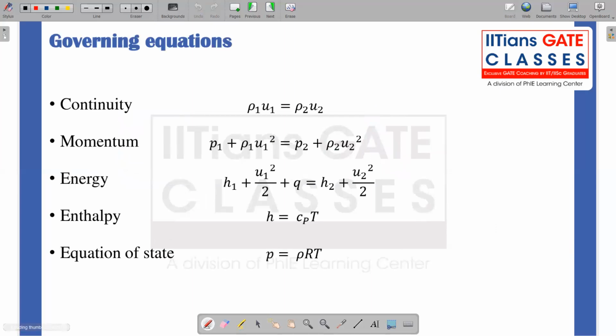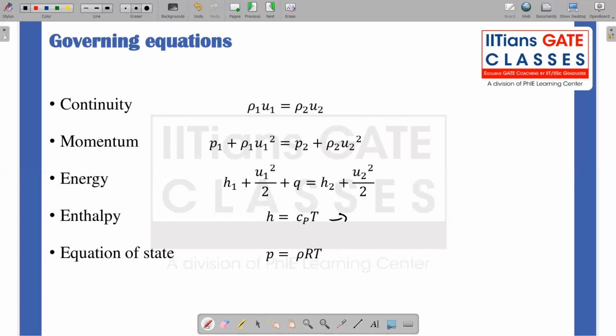For simplicity, I am writing all the governing equations we are going to use for the problem: continuity, momentum, energy, and enthalpy, which relates enthalpy to temperature. If I use it in this form, that means I am treating it as a calorically perfect gas. It's again a simplified version of the bigger problem. And of course, the equation of state, which is valid at any given point in the flow field, right?